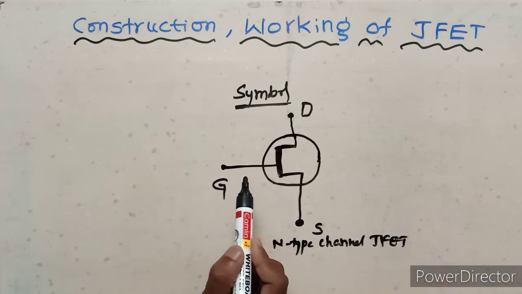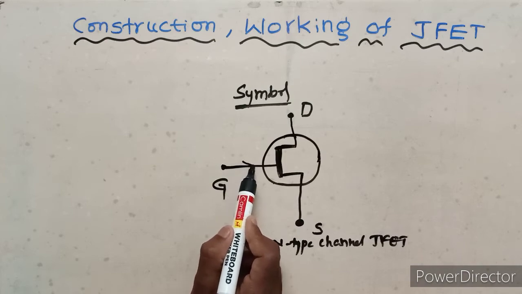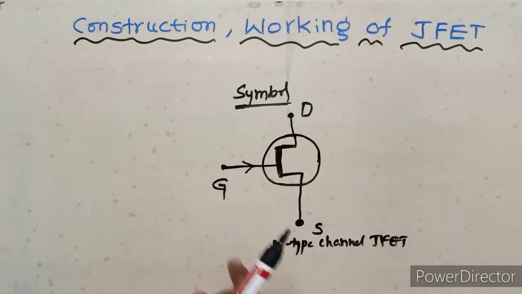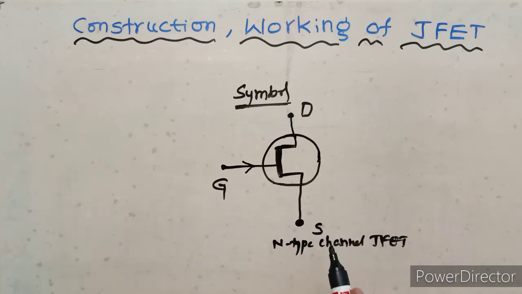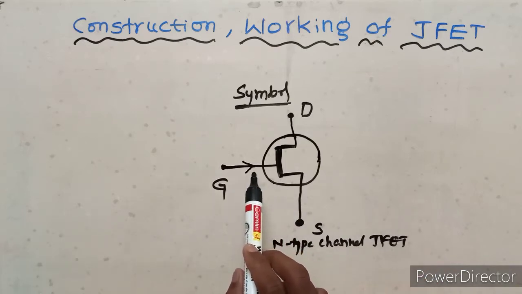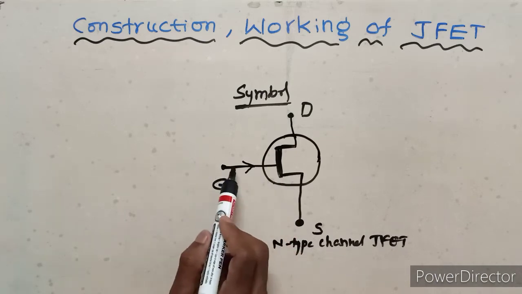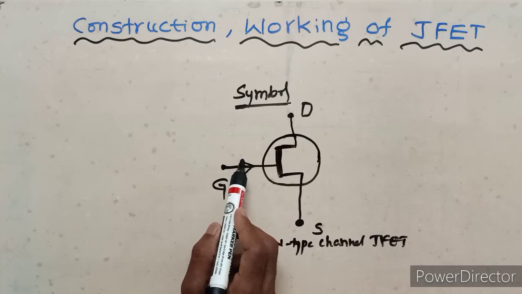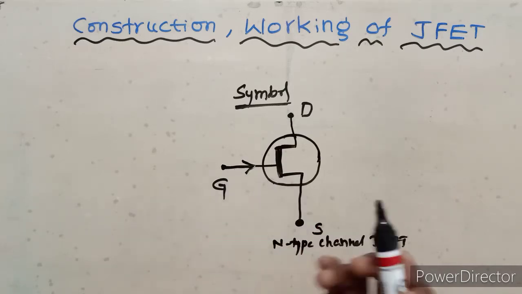For the N type channel, the arrow mark represents P to N, that is, the arrow points from P to N.